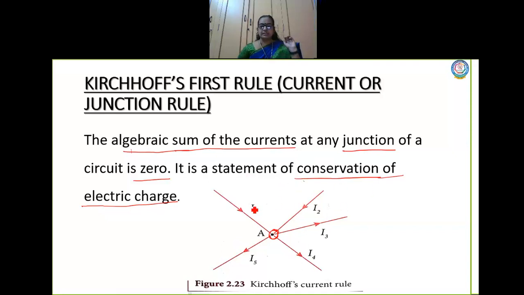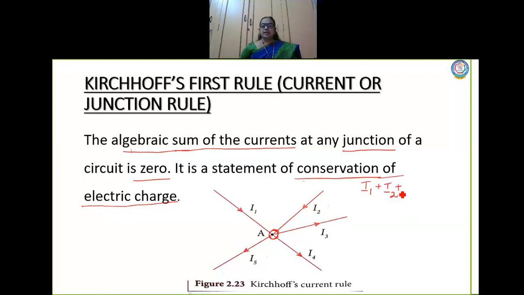Now let me write this for you. First we'll take I1. I1 is the current that is entering towards the junction, so this I1 has a positive value. Next, what is I2? Again, I2 is also coming towards the junction, so it is plus I2. Now look at I3.